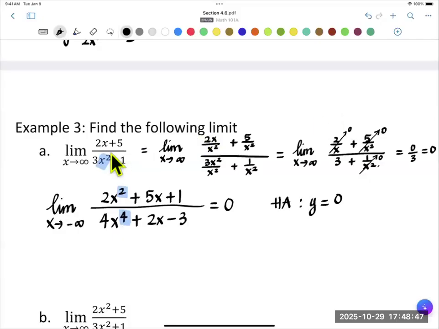So this is going to happen to a function even when the numerator is a polynomial and the denominator is something that is not a polynomial, right?